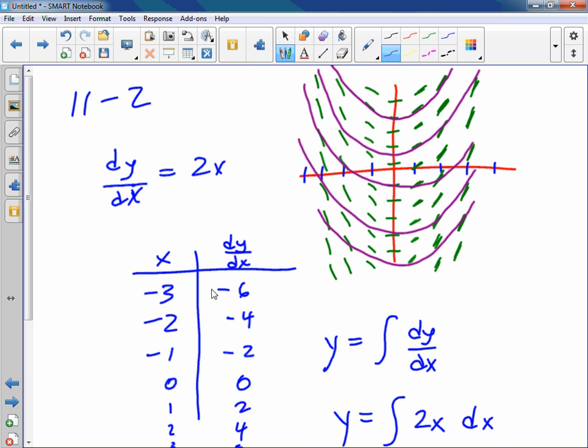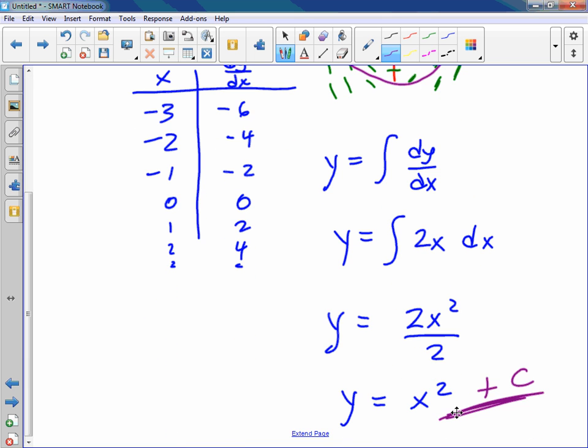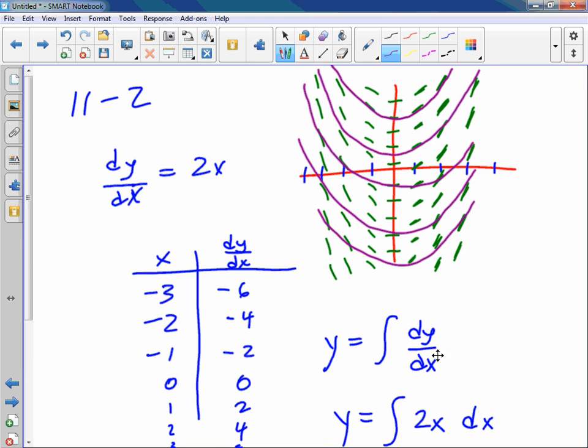And its derivative, dy dx, goes from a second degree polynomial, a parabola, to a first degree polynomial, a line, which we talked about last fall. I thought that's pretty cool.